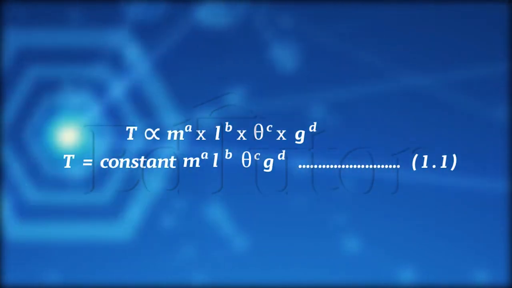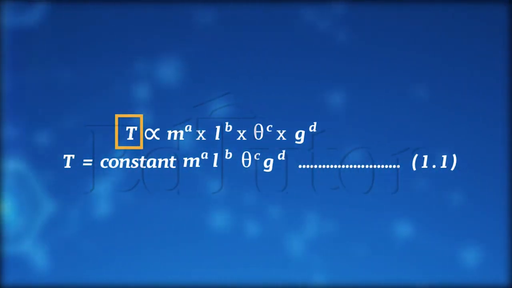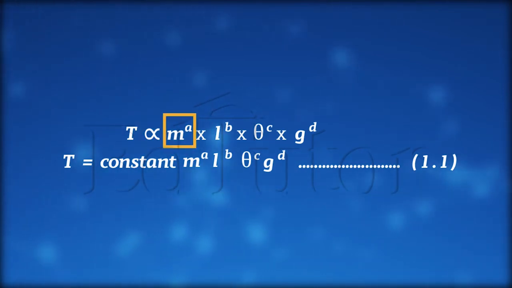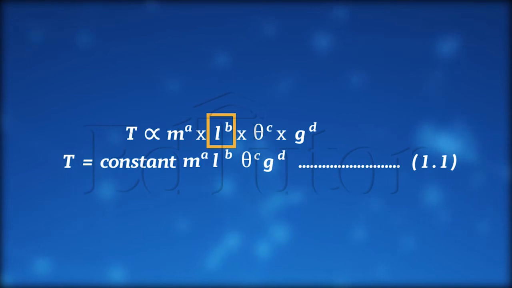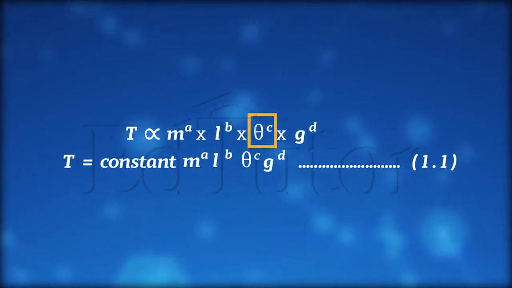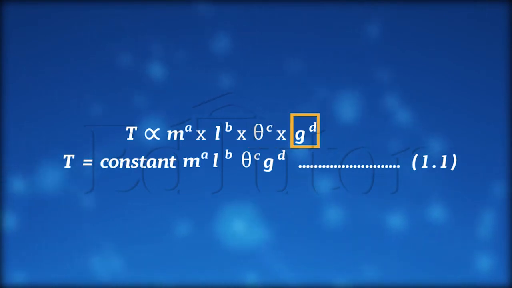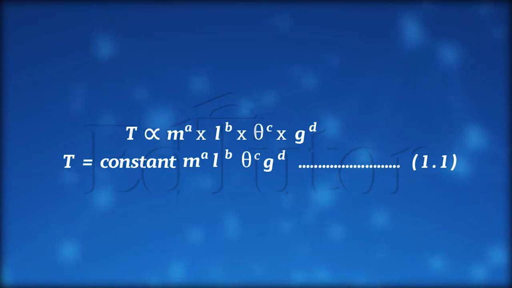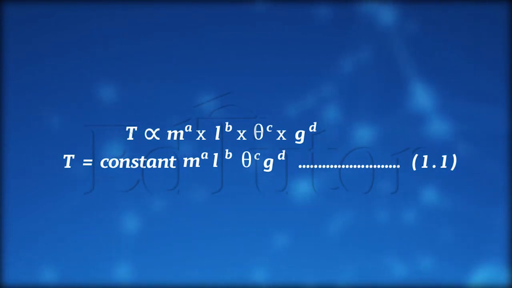Based on the possible factors, the time period T of a simple pendulum is proportional to m raised to the power a times L raised to power b times theta raised to power c times g raised to power d. When the proportionality sign is removed, a constant comes into place.